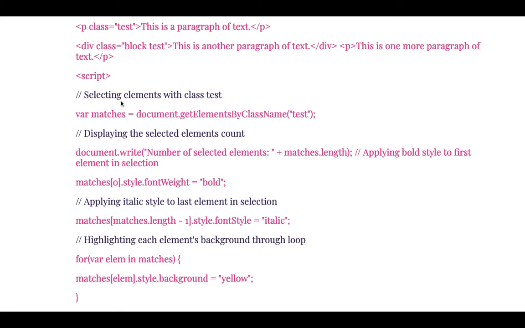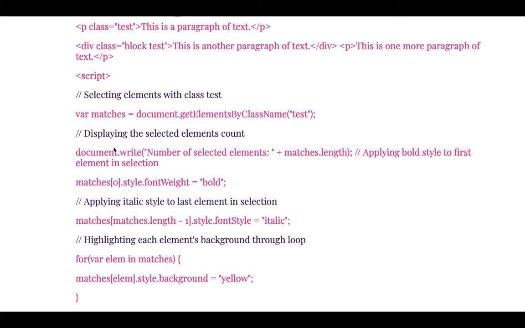So if we now want to select all the elements that have that class of test, we say var matches equals document.getElementsByClassName test. Okay, and then we want to display the selected elements count. That's the number of elements that have this class.